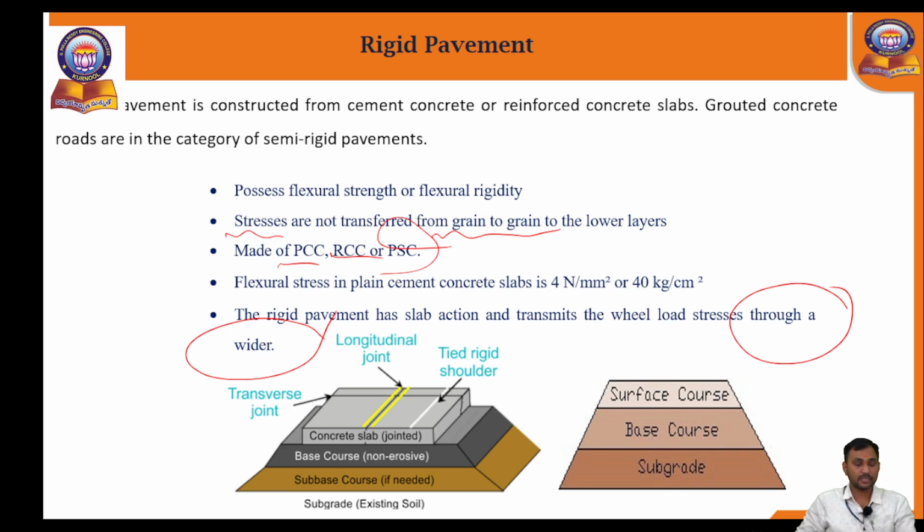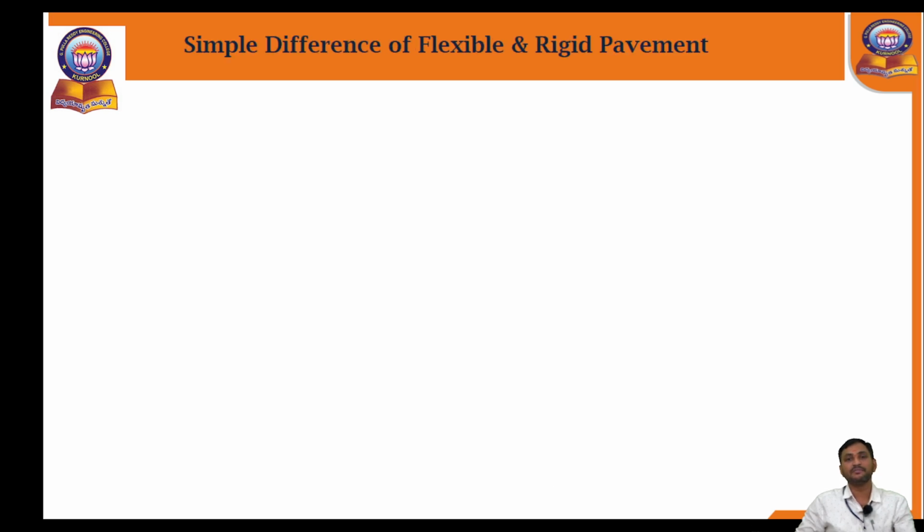So the main advantage of a rigid pavement is that we provide steel reinforcements. Why? Because it releases the stresses very easily. These are the main importance of rigid pavements. Next, we will see the differences between flexible and rigid pavements.